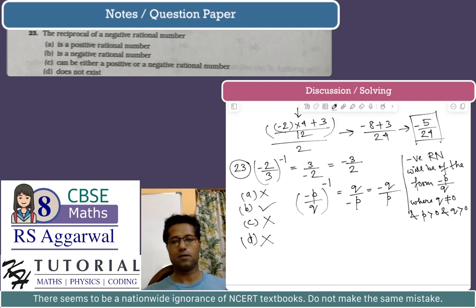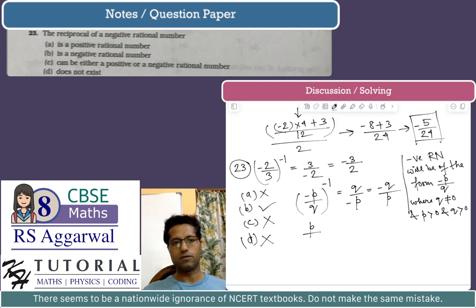Now let's say the reciprocal of a negative rational number does not exist. Let's say the reciprocal of the rational number is p by q.